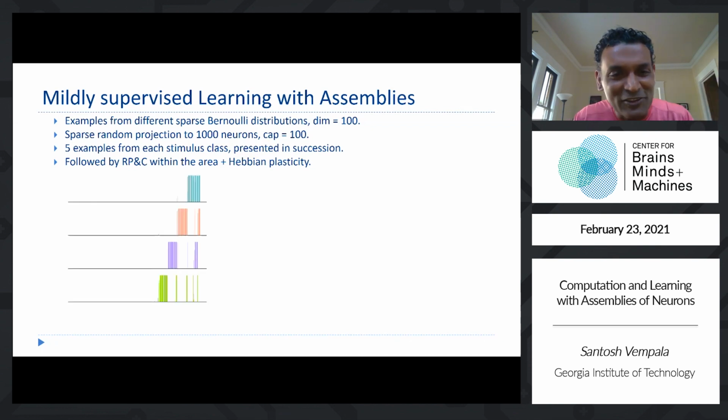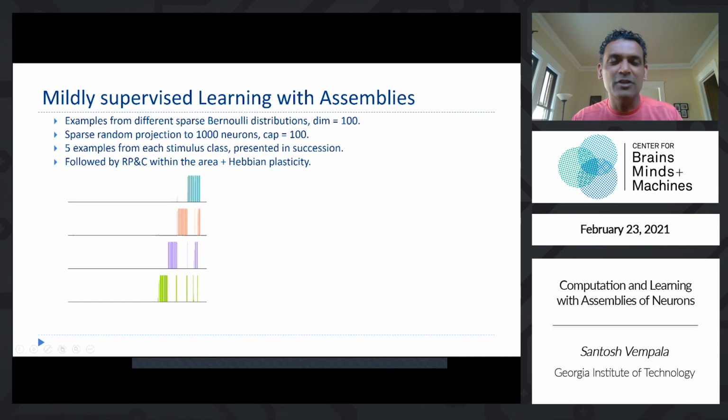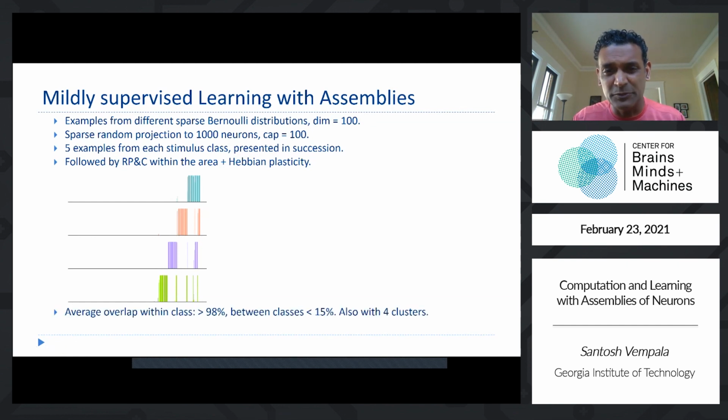And here's what you get. So for example, with 4 assemblies here, these are the assemblies. This is what happens when you now look at a new stimulus from the same class. This is the first distribution, second distribution, third distribution, fourth distribution. This is just showing you the subset of neurons that are firing on presenting new stimuli from the same distribution.